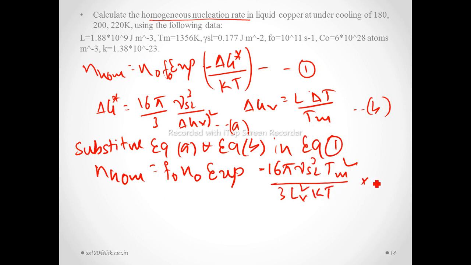Then we will term this delta T in the other side. This is a varying parameter that we have given, right?